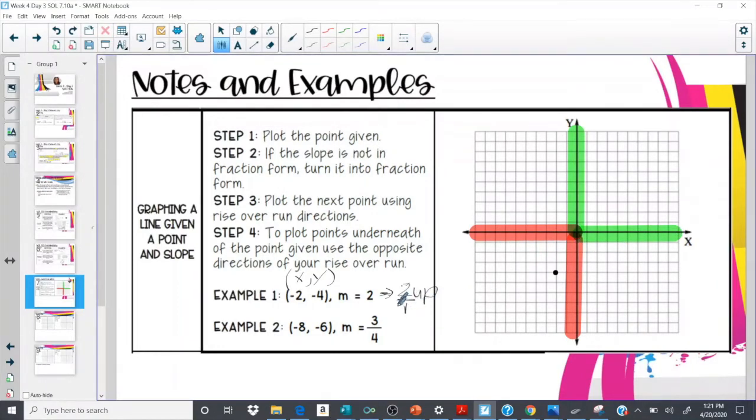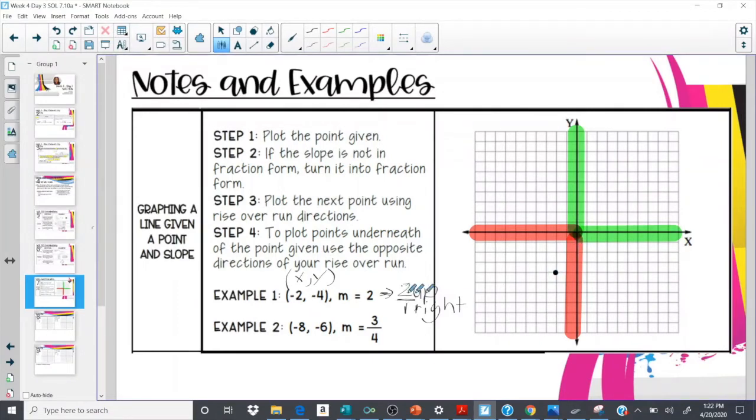If the number in the denominator is positive, that means you will move right, where the positive numbers are. That is your second direction. And from those two directions, we can plot all the other points along our line.